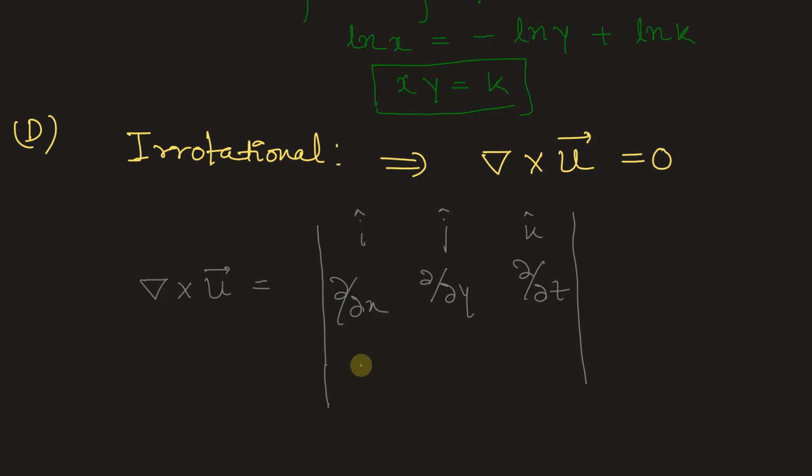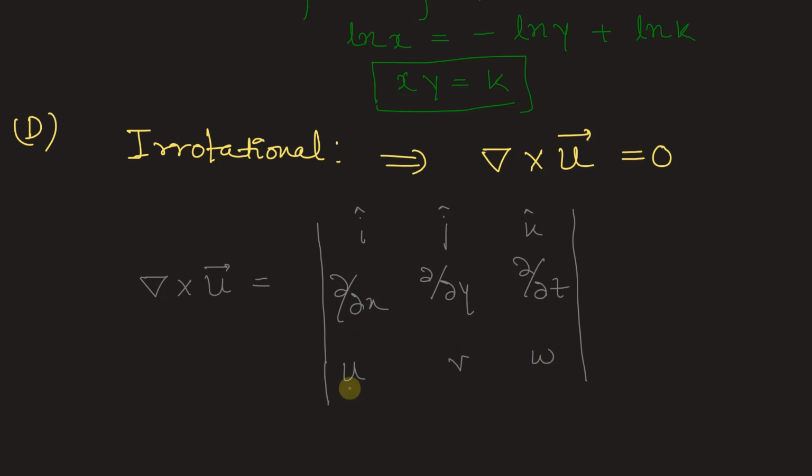So must remember this. This will be U, V and W. Here we know that U is ax, V is negative ay and W is 0 because it's a 2-dimensional flow. If we take the determinant, for the i cap we cross multiply these two, so this will be equal to 0, and the derivative of y with respect to z is also 0. The curl in i direction is 0.